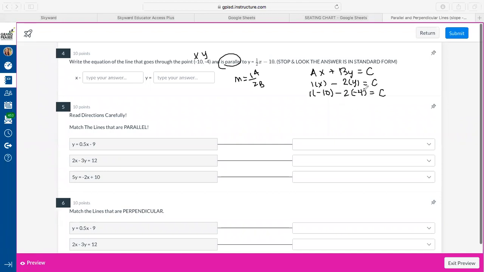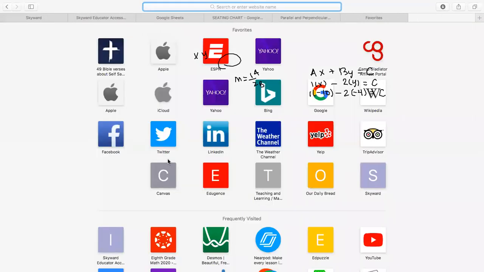And here's why I say just use a calculator, because look at all these negatives. This can get kind of confusing. So I would just use Desmos and do 1 times -10 minus 2 times -4. It doesn't give me the answer. It did last time.